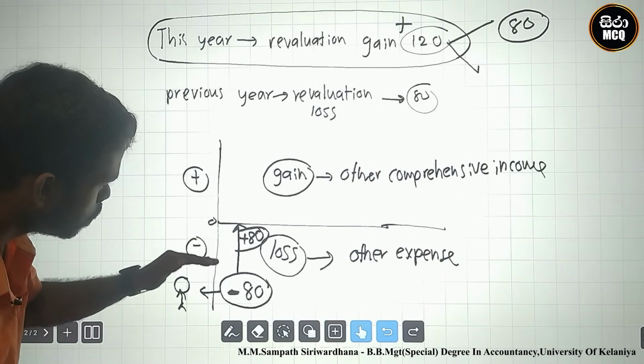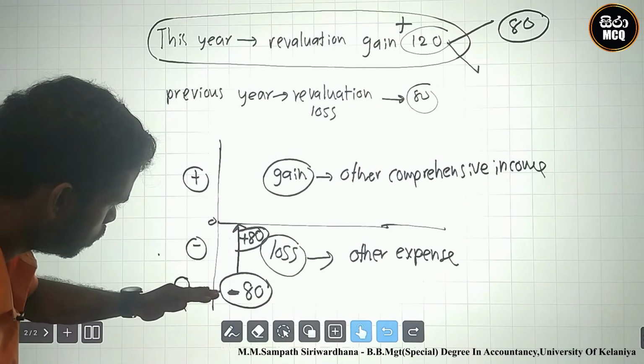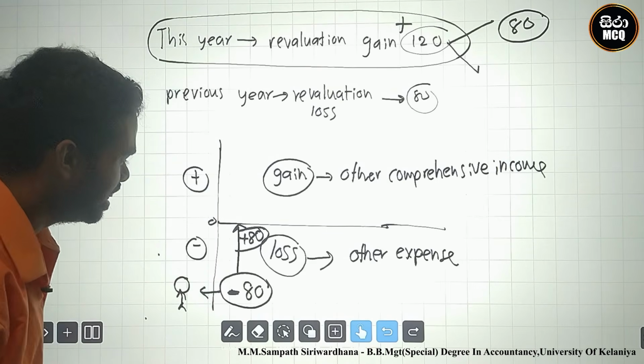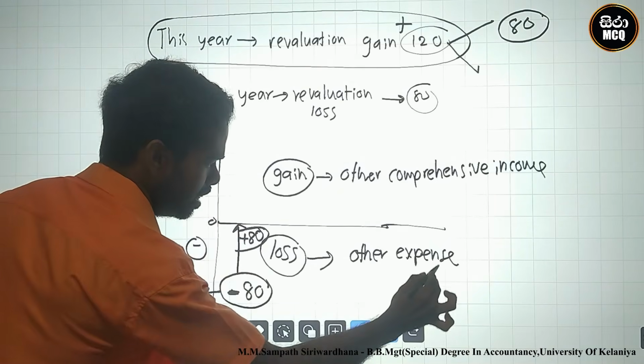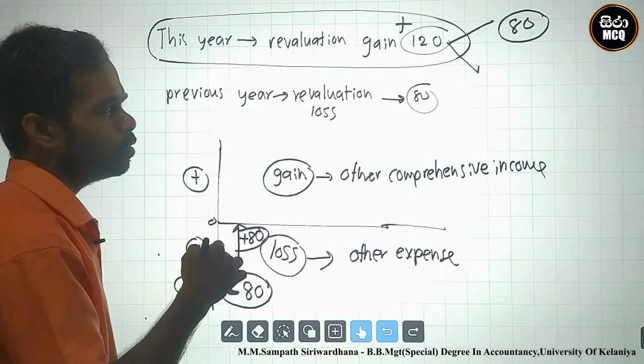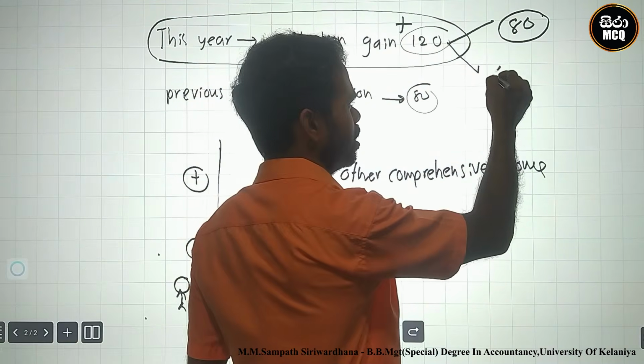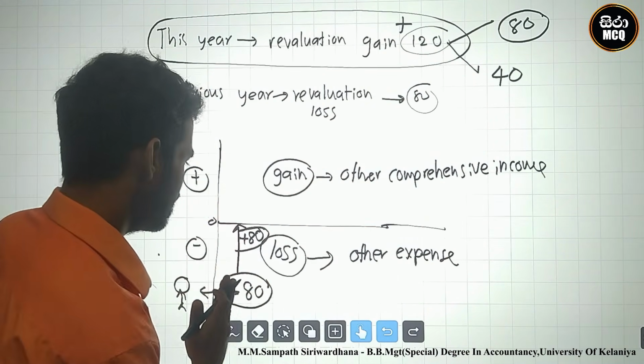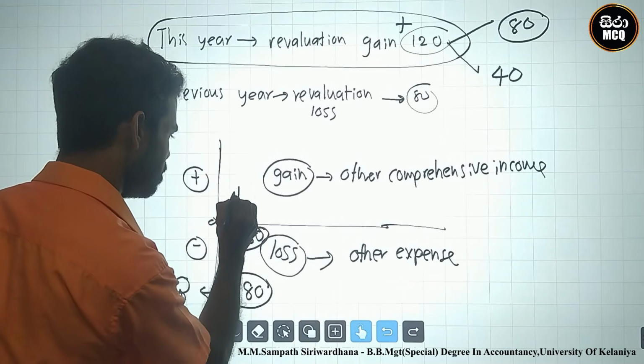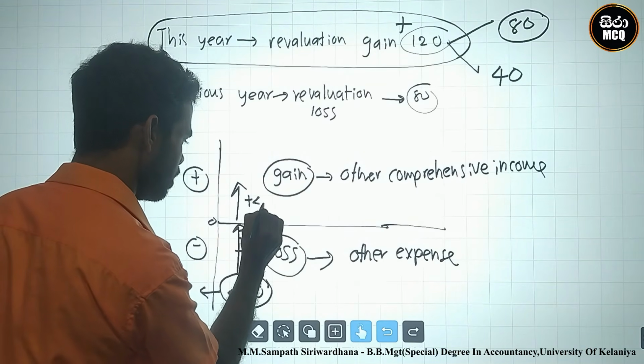Why? You go from minus 80 to the 0 area. This 80 was the other expense area. You have another remaining petrol 40. Go to another step, plus 40.